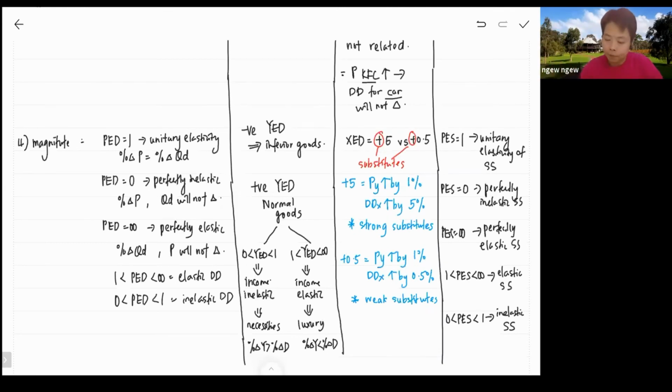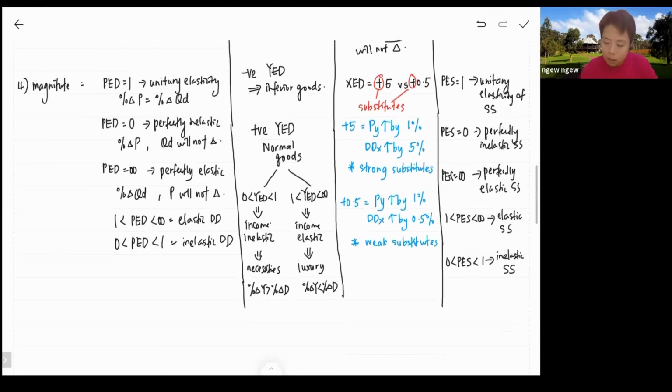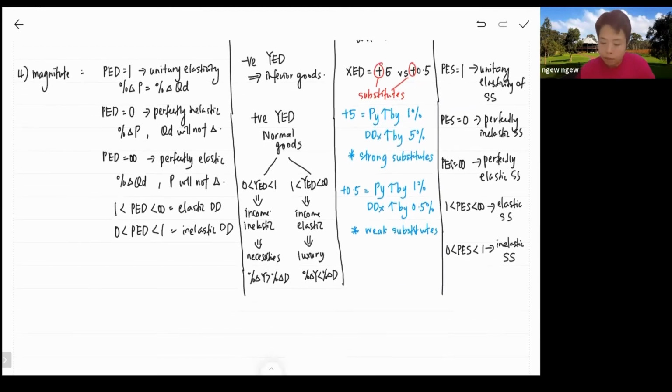All right. So if we continue with this method, if XED is negative 5 or negative 0.5, it also indicates whether they are strong or weak complements. So when XED is negative, it shows that two goods are complements.